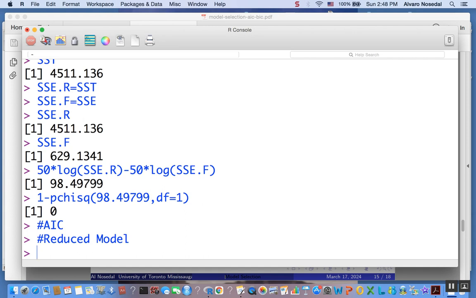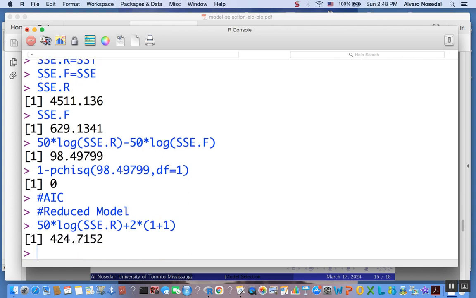So we have 50 times natural log of the sum of squares for the reduced model plus 2 times, remember that p, in this case, is 1 for the reduced model, plus 1. So that's 424.71, roughly.